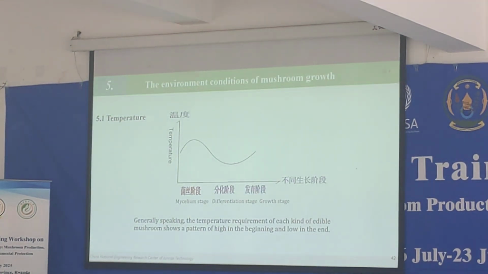And after differentiation, the primordia will come, and the temperature will increase. Generally, the temperature requirement for each kind of edible mushroom shows a pattern like this: high in the beginning and low in the end.